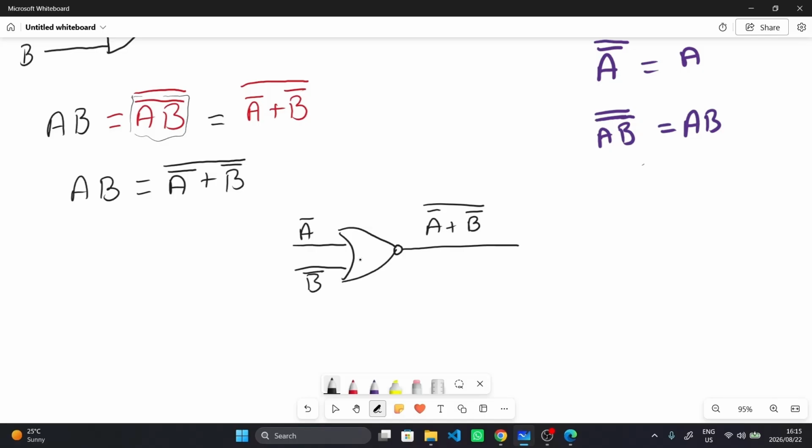And as you can see, these two are using NOT gate. And if you remember, we can represent NOT gate using NOR gate. We join those two when our input is A and B. So we will draw this diagram.